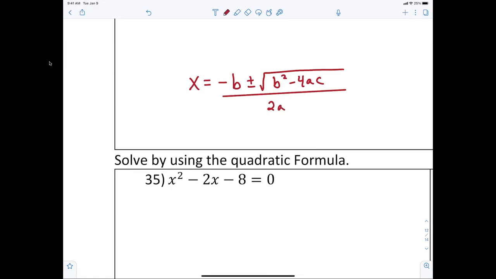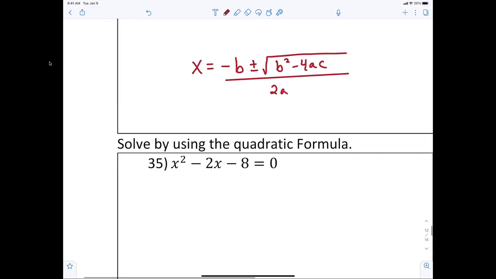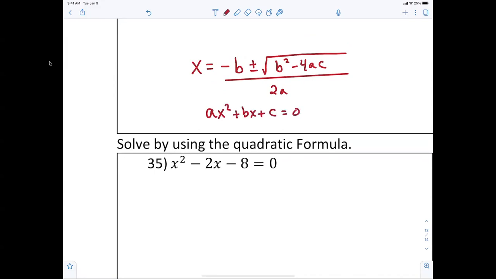So that allows you to solve any quadratic equation. If you also remember, the equation was ax squared plus bx plus c equals 0. So you're just plugging numbers into a formula. And the only time you would want to do that is when you cannot factor it.